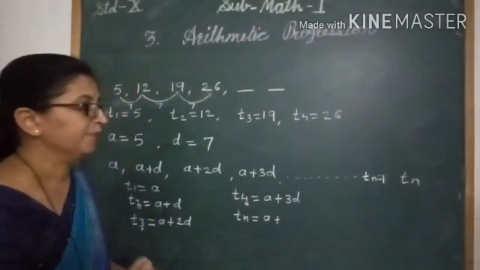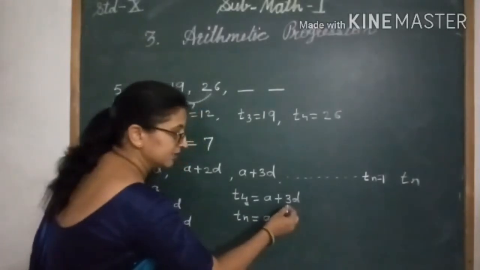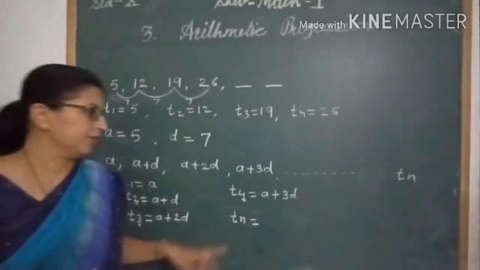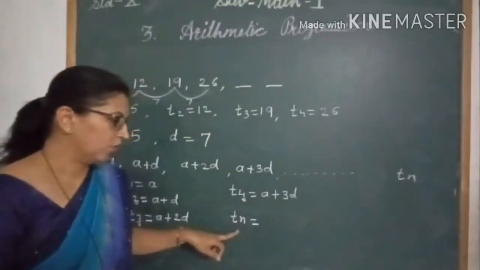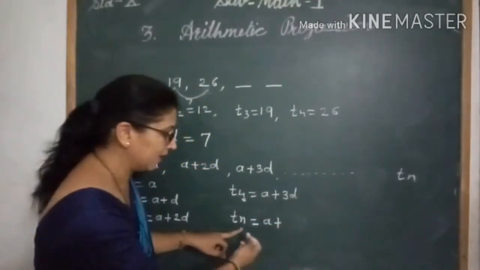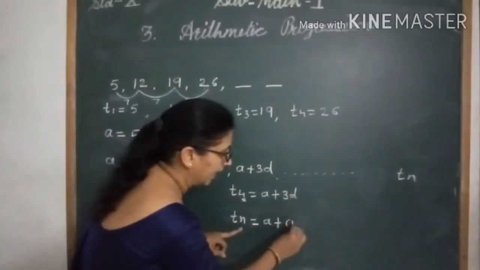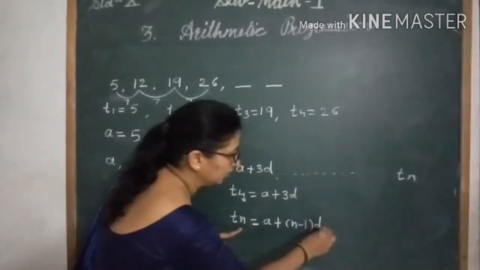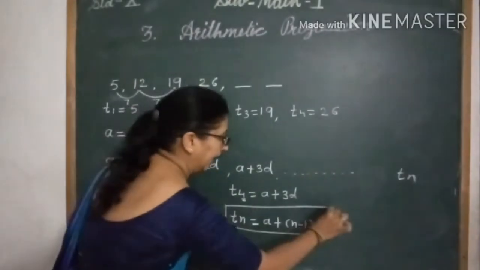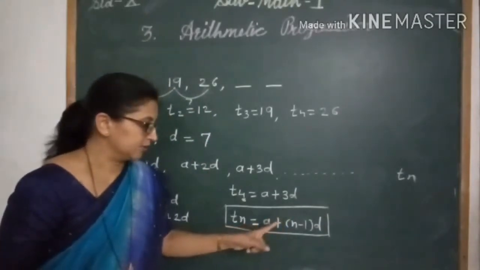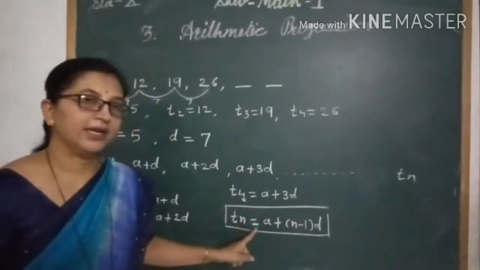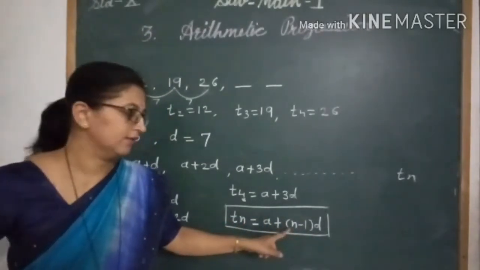Okay, so if you want to find this Tn, then A plus 1 less than n, that is n minus 1, into D. So by using this formula we can find any term of an AP. So if we know the first term A and the common difference D, we are able to find any term of that AP.